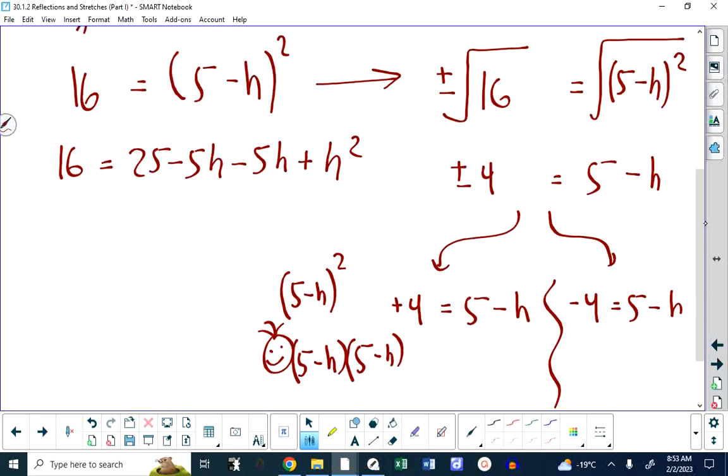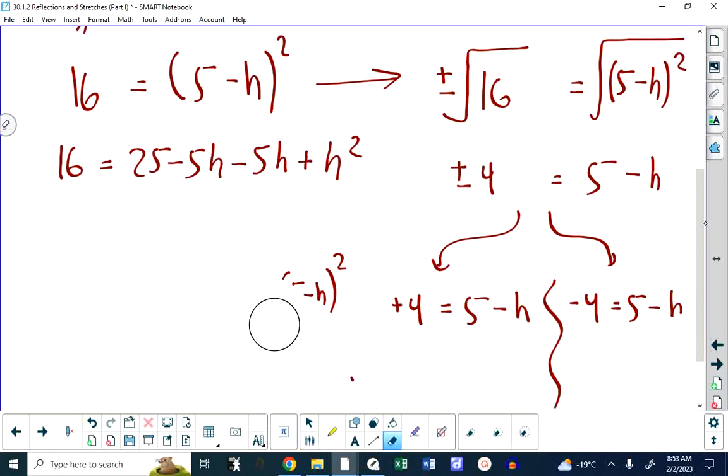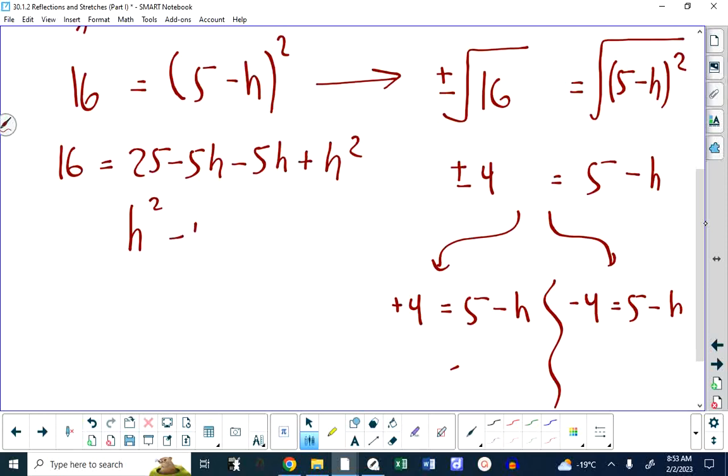And then you're kind of in a Math 20 frame of mind because you see it's quadratic. The useful way to start solving a quadratic equation is to zero the equation. You want to set it equal to 0 and move all the terms to one side. So I have h squared, I have minus 10h, and then I have 25 minus 16. I believe that's 9. How's my arithmetic this morning?